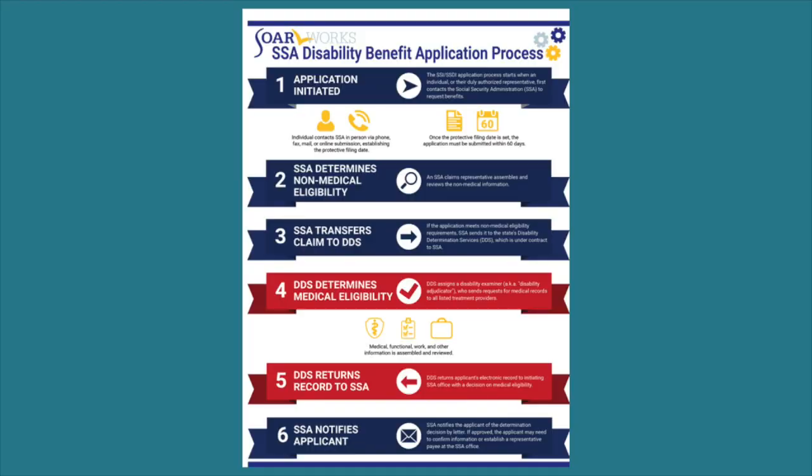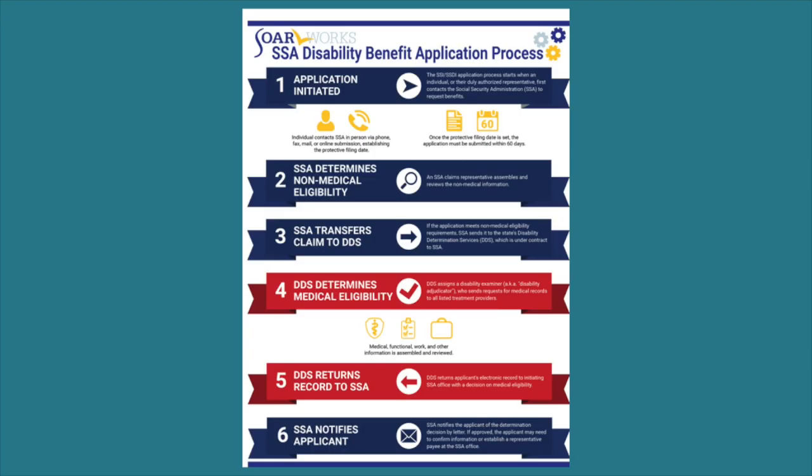Then they will also look at your financial needs. So they begin to evaluate with SSI, supplemental security income. Is this somebody that we can offer some financial support based on their financial situation? So that's the first thing that the administration does.